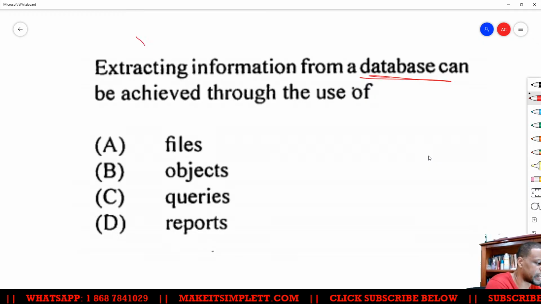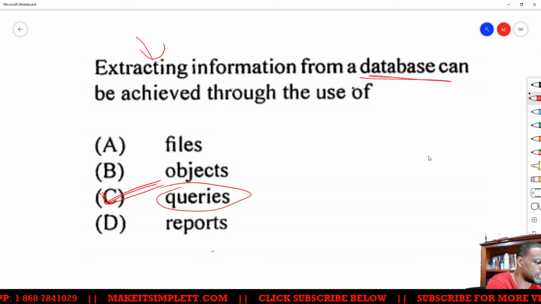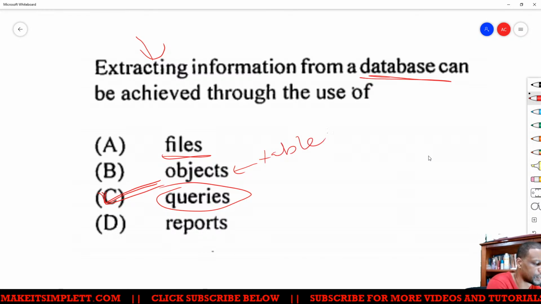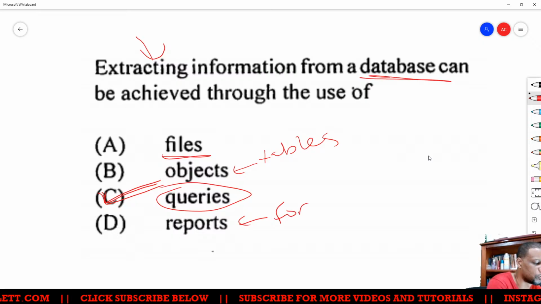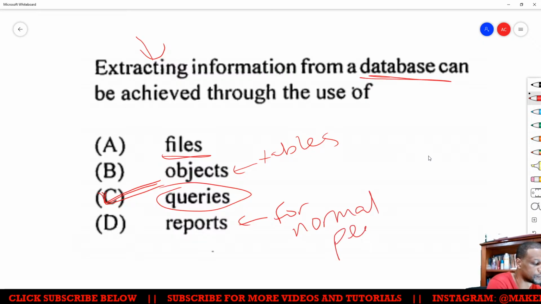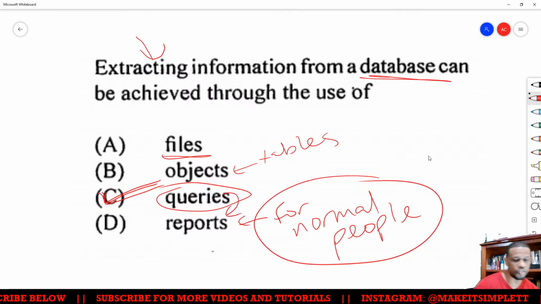When you do the extraction, you are creating a query. So a query is when you're extracting data. Objects are like the tables, and the reports would be like the output for normal people. So you would take a query and then make a report from it.